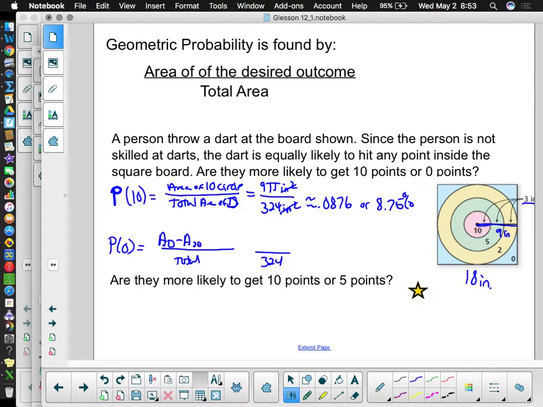The area of the square is 324, we know that. Minus the area of the large 2 circle, the yellow circle and everything inside it, that would be radius of 9, so it's 81 pi.